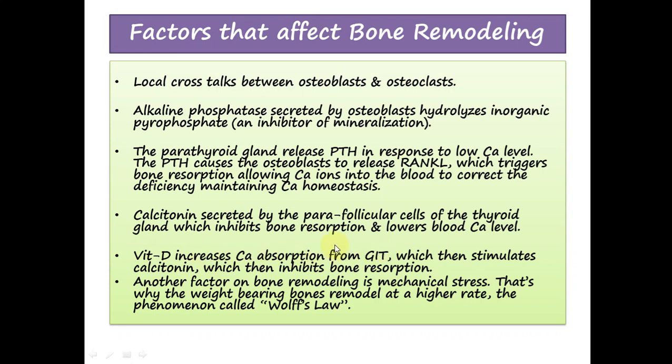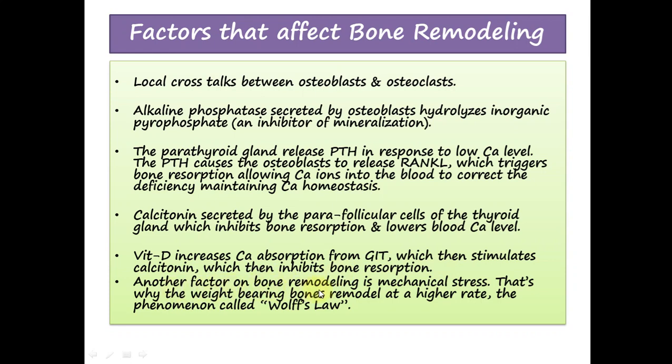The cholecalciferol is activated first in the liver and then in the kidney by the alpha hydroxylase, and it is converted into the active form of vitamin D3 known as calcitriol. This calcitriol then increases the reabsorption of calcium from the gut in response to hypocalcemia, and it will also stimulate the calcitonin release from the thyroid gland, which will inhibit bone resorption and stimulate the deposition of minerals in the bone.